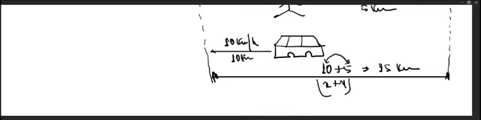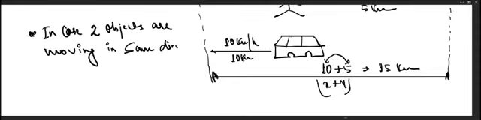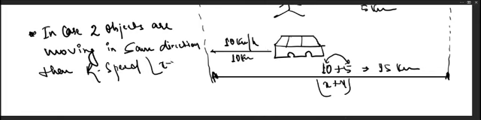So the whole summary of this story is, in case two objects are moving in the same direction, then relative speed will be x minus y.